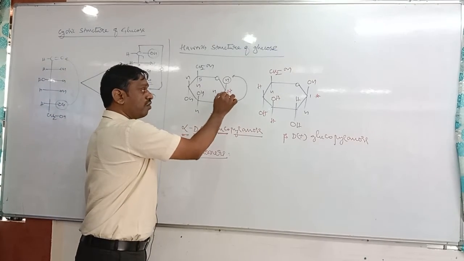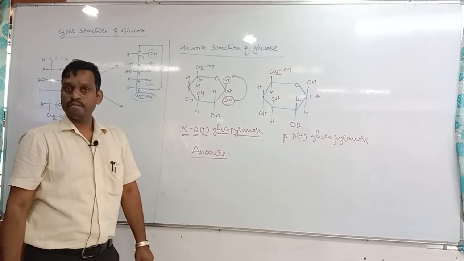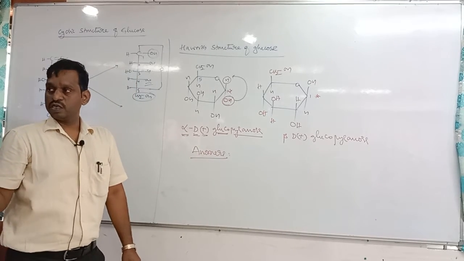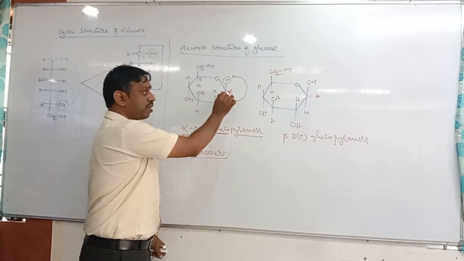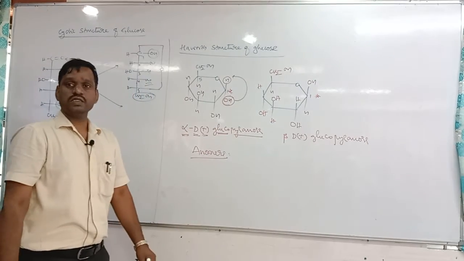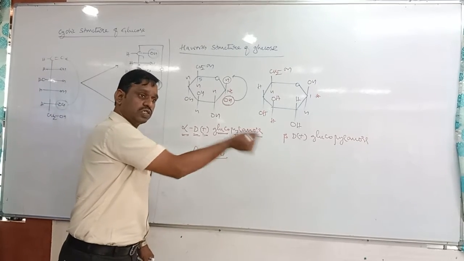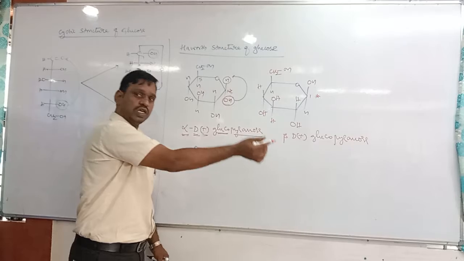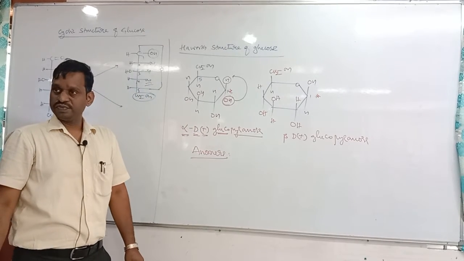The first carbon, or first asymmetric carbon, which is also called the anomeric carbon. Therefore, the pair of isomers which differ in the configuration of the first asymmetric carbon or anomeric carbon is called anomers. Example: alpha glucose, beta glucose, alpha fructose, beta fructose. The alpha beta relation is always an anomeric relation.